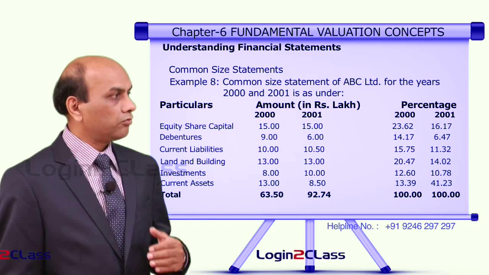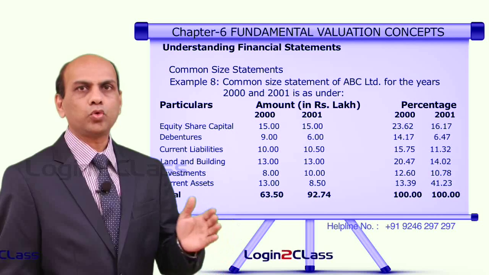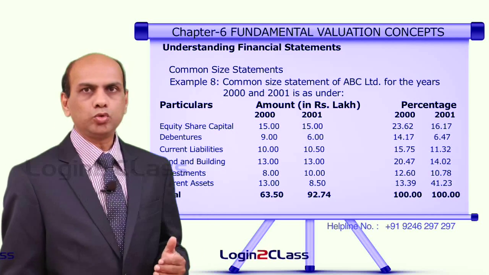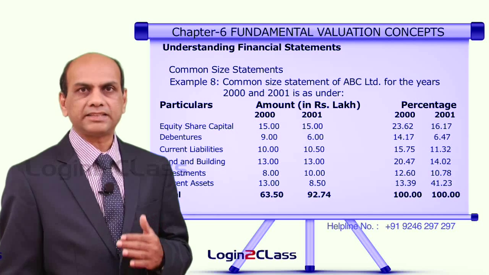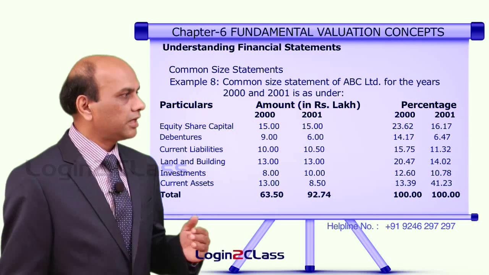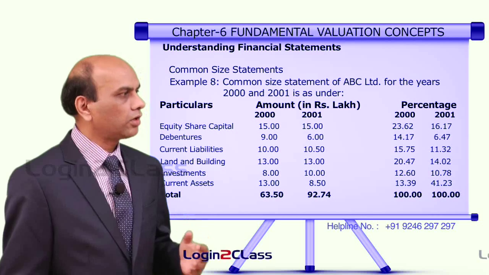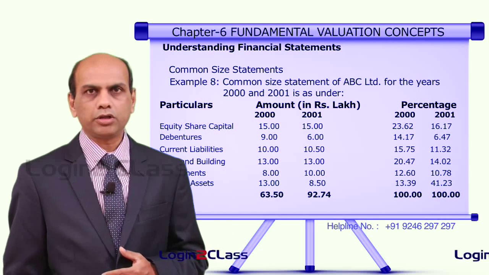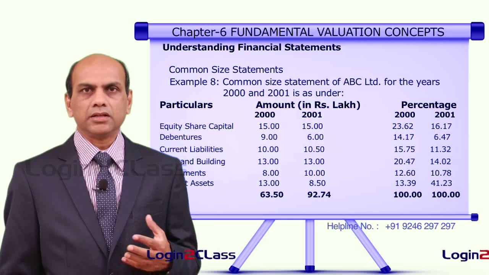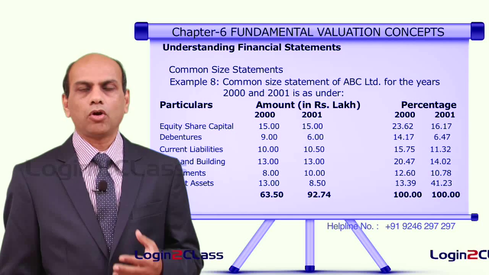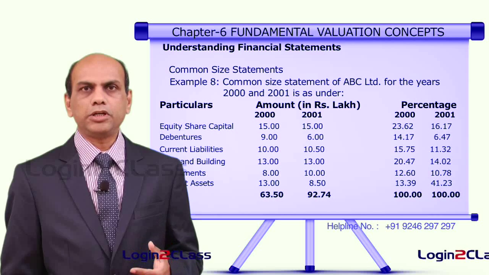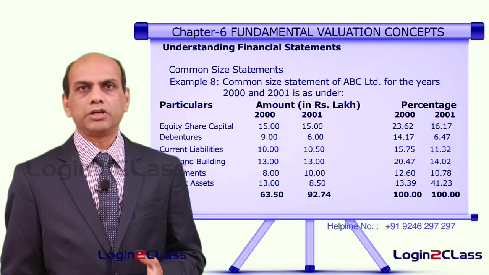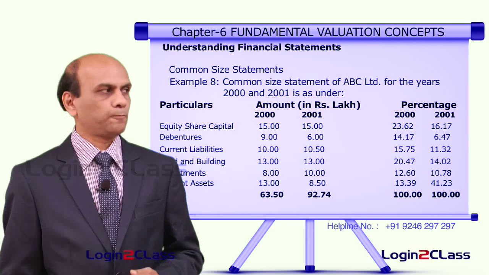But however, when we see in terms of percentage of total assets, it has been 41% in 2001, whereas in the year 2000 it has been only 13.39% of the total assets of that particular company. This indicates the current asset valuations or performance has been very good, and there has been very good improvement in the current asset percentage status.